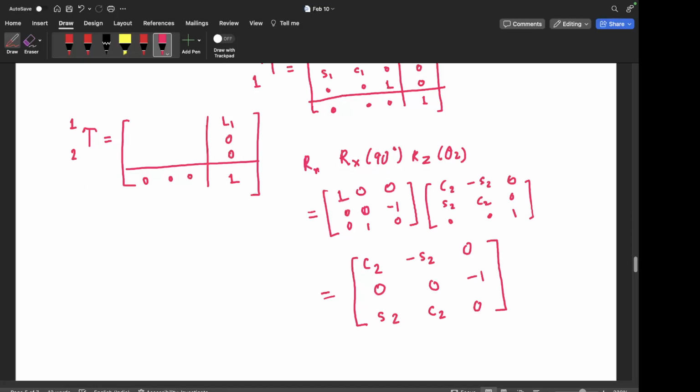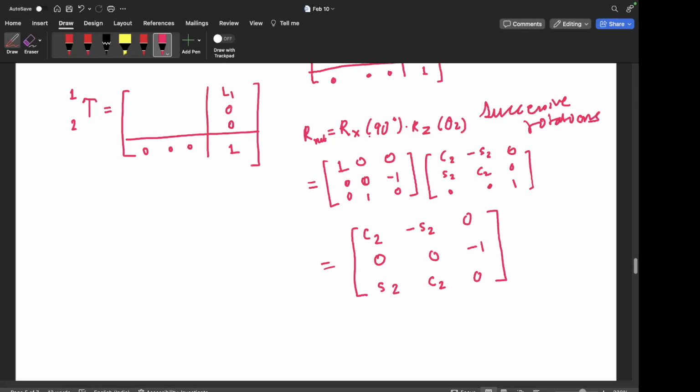So this is R net. R net is this multiplied to this, the successive rotations. This is how we deal with successive rotations. Individually it's easy to write these matrices. Rotation of 90 about the x-axis, so the x part will be 1, and cos 90 is 0, so minus sin 90 is minus 1, and so on.